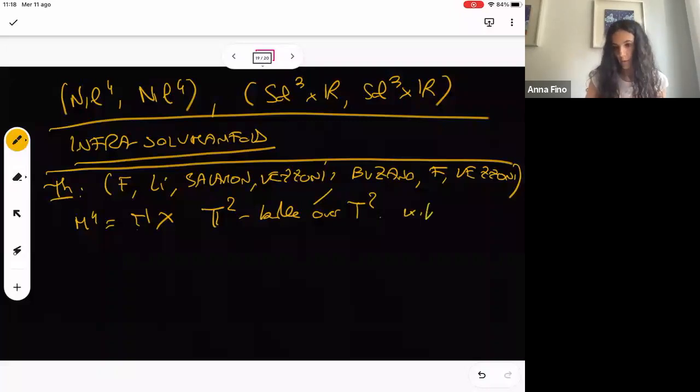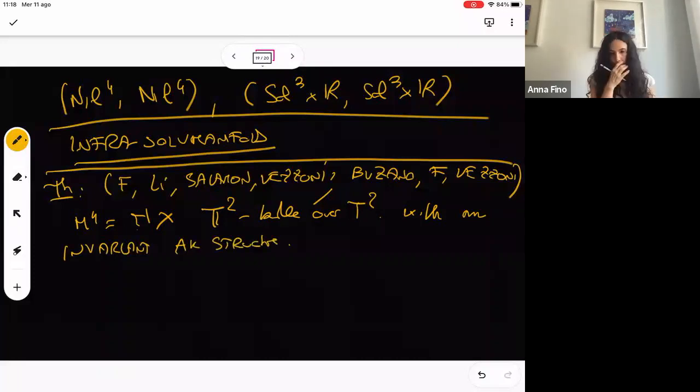We need some hypotheses on the almost complex structure. We need an invariant almost complex structure. That means that it is induced by a left-invariant almost complex structure on X. X is a group in all the cases, which is also gamma invariant. That's what we need.